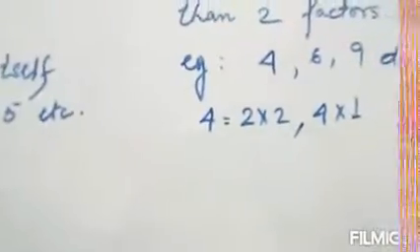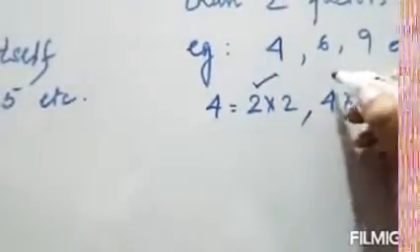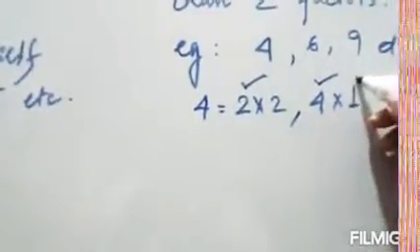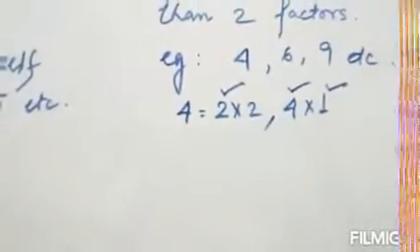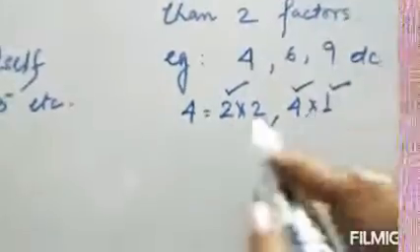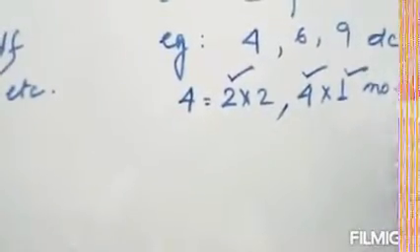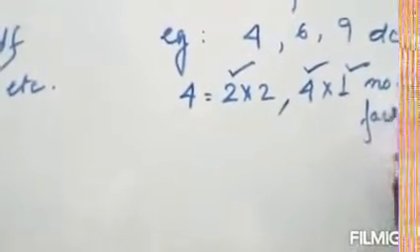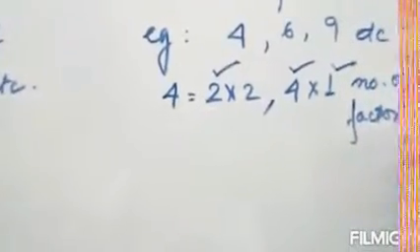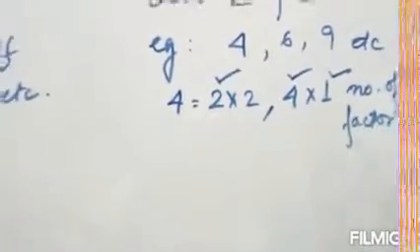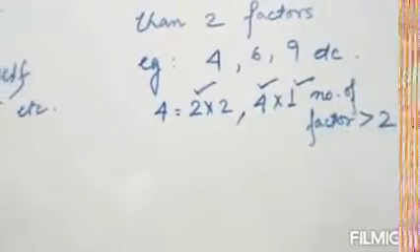So how many factors are there? 2 is a factor, 4 is a factor, and 1 is a factor. So the number of factors for 4 is greater than 2, right?